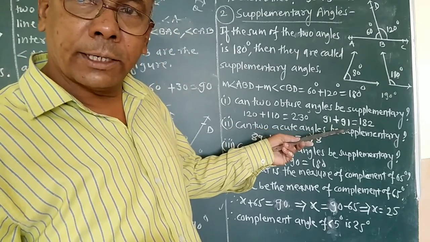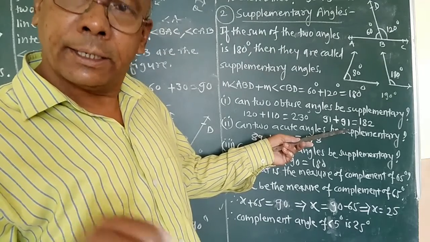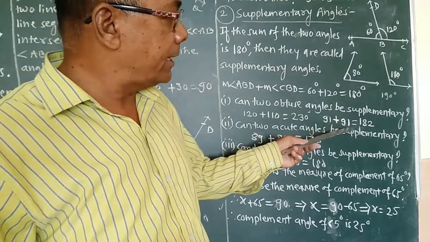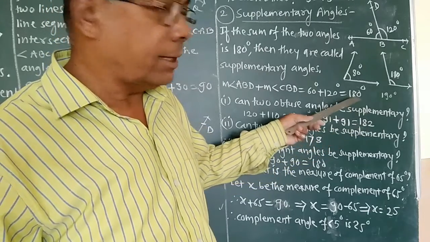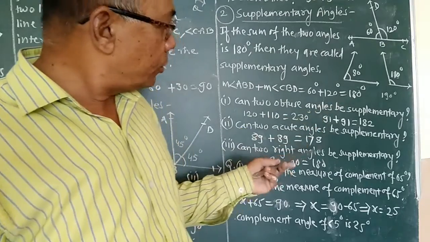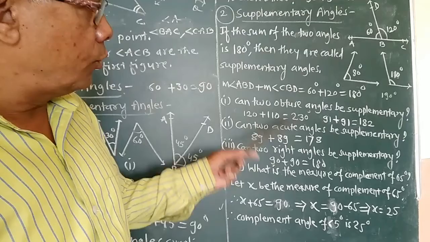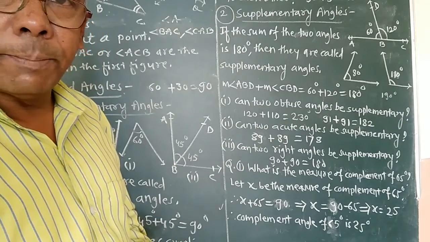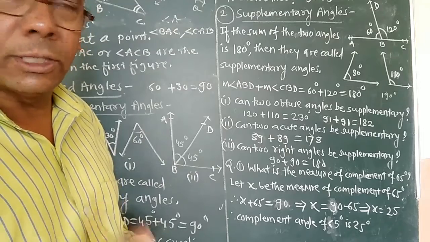Again, the another 91 is also obtuse angle because it is again greater than 90 degree. So 91 plus 91, it is equal to 182 degree, which is greater than 180. So it denotes that the two obtuse angles cannot be supplementary. दोन obtuse angles एकमेकांचे supplementary angle असूच शकत नाही.